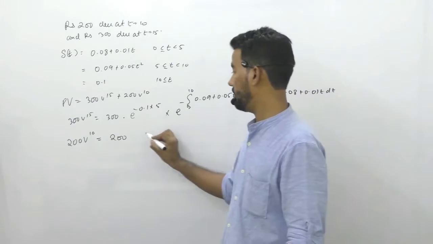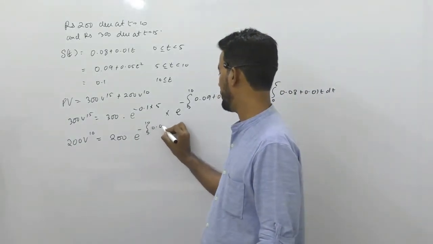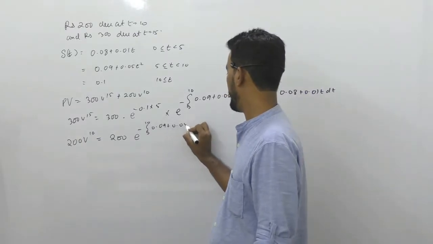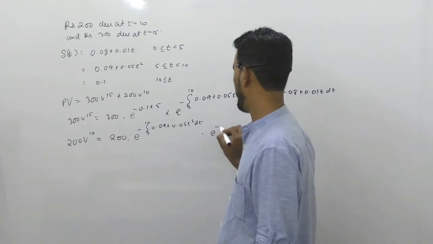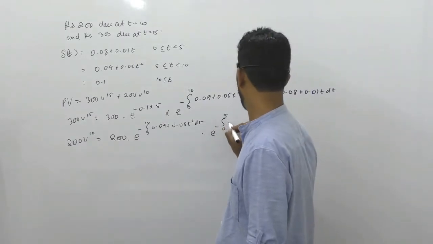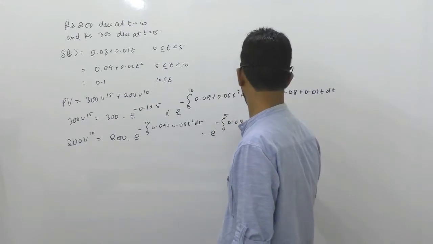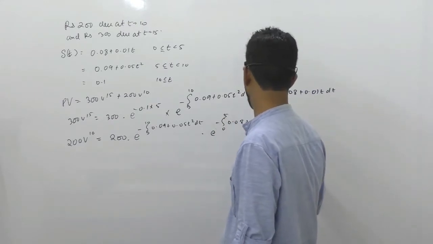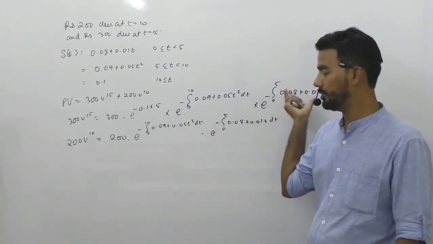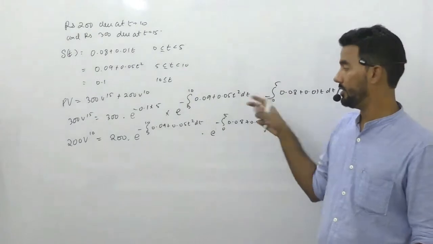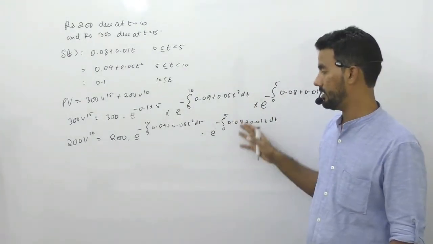So first of all, from 10 to 5: e raised to minus the integral of 0.09 plus 0.05 t square dt, into e raised to minus the integral from 0 to 5 of 0.08 plus 0.01 t dt. These are the same integrals that we used here, so once you have integrated them, you don't need to solve them again. You can just use the values as they are from the previous part of the question. So this is how it works.